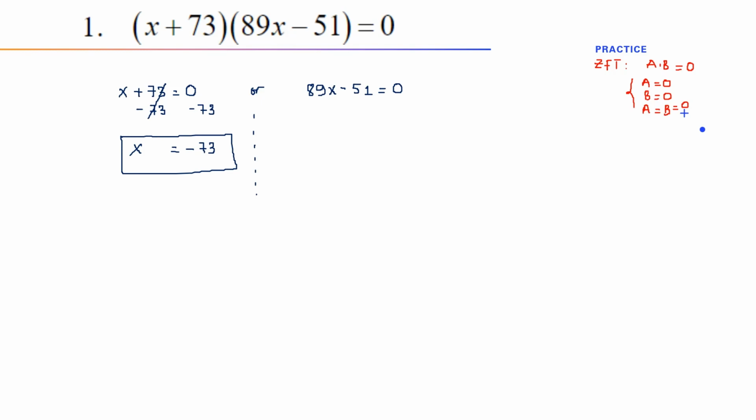For the factor 89x minus 51, we want to isolate the x term, right? So we add 51 to both sides. That's 0, and we're left with 89x equals 51.